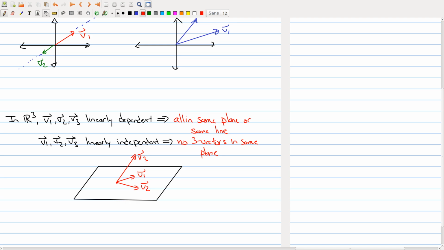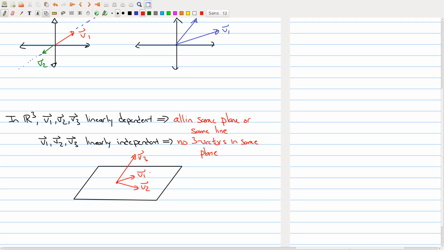So the idea is every time you add a new vector, you're building up the size of the space geometrically. V1 defines a line. V2, if it's linearly independent, can't be in the line, so it has to describe a plane. The next vector can't be in that plane, so it has to go outside of the plane and describes R3.